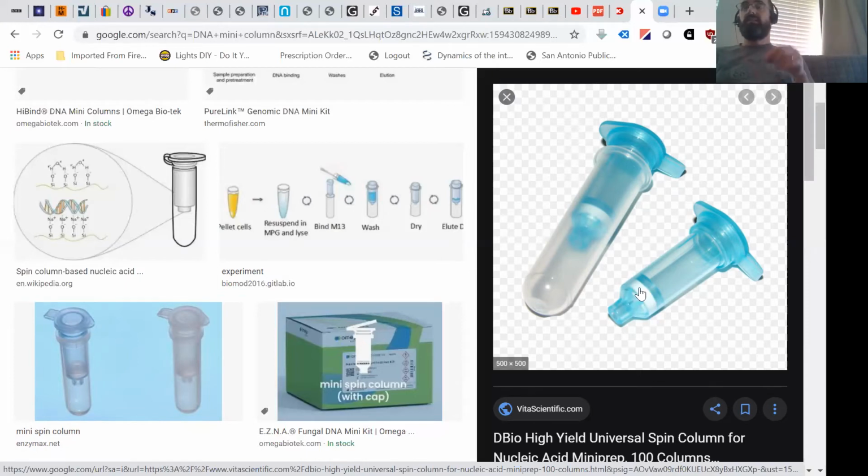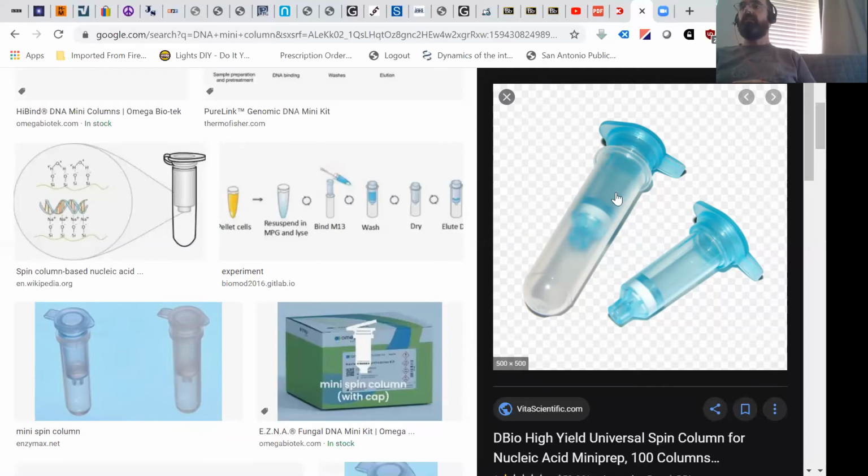It's like the foam in the end of a cigarette, kind of, right? And at the pH of the binding solution, the solution that the DNA is in and all the other junk, DNA and only DNA will bind to that silica mesh. And so you put your DNA and junk at the top here, and you spin it, and centripetal force will result in all of the liquid going through that filter until it ends up in the collection tube at the bottom.